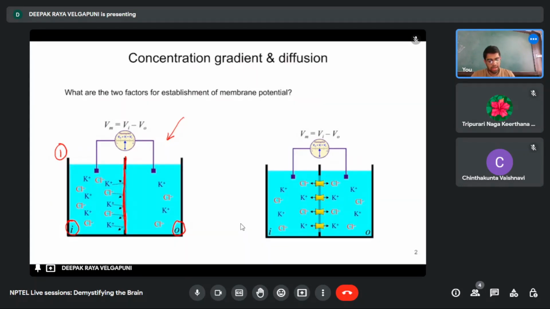There is a higher concentration of KCl on this side than KCl on the O side.